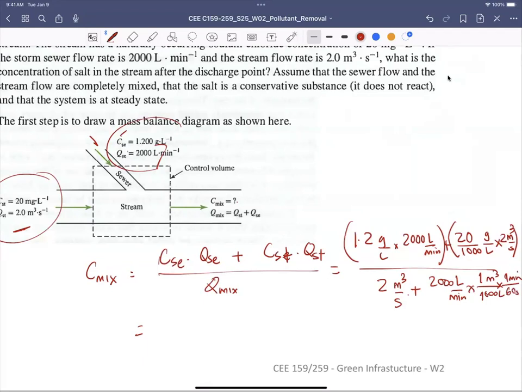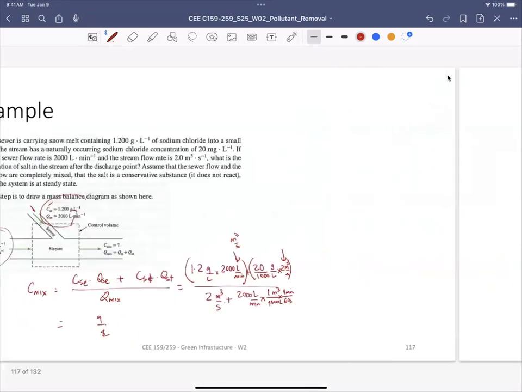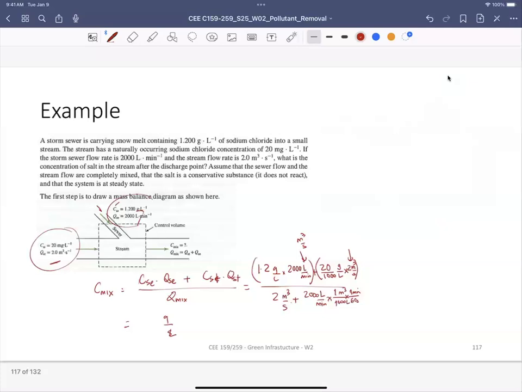When you do that, you change to cubic meter per second. The same thing you can do here, changing to cubic meter per second. And here you have grams, so the answer will be gram per liter. So you can use this kind of formula to predict the concentrations in the mixing zone.